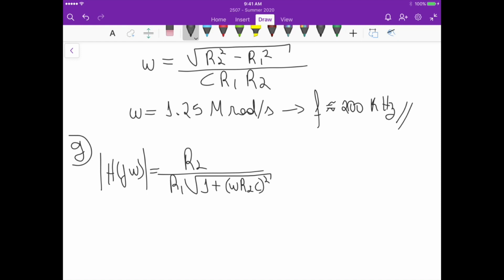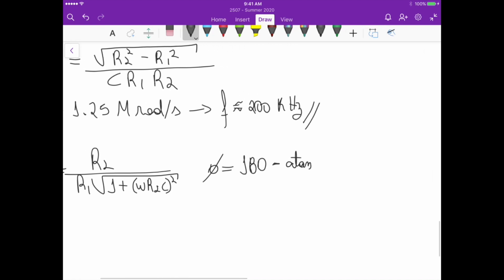And for the phase, here we have 180 degrees from the minus sign that we have on the voltage transfer function, minus the arctangent of omega C R2.